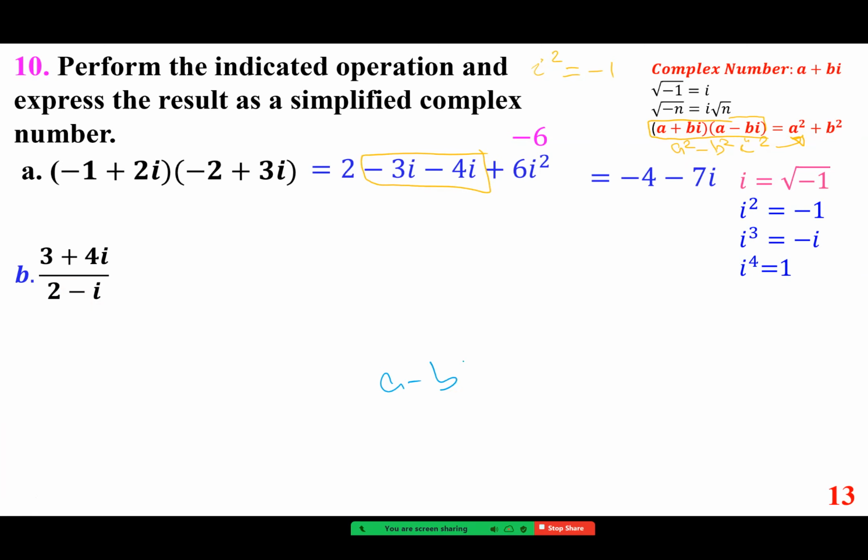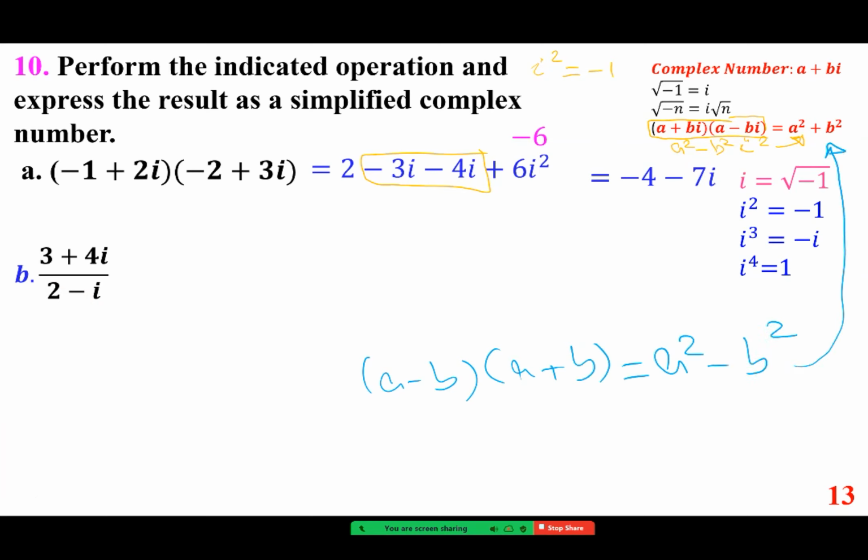Everybody remembers a minus b times a plus b was a squared minus b squared, and that's what we have used here. Okay, so we are going to multiply by the complex conjugate of the denominator. So 2 plus i, we're going to multiply and divide by it, because this expression equals 1. That is acceptable. When we do that, the bottom becomes simply a squared plus b squared.